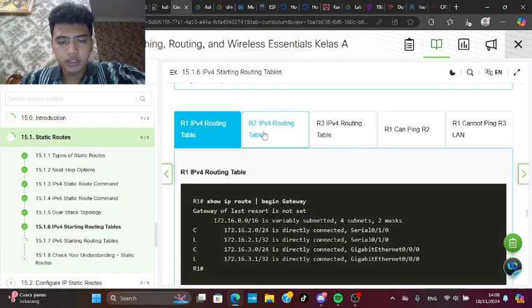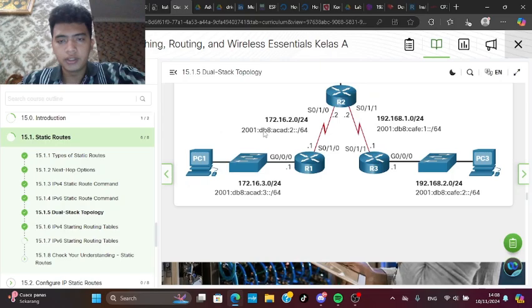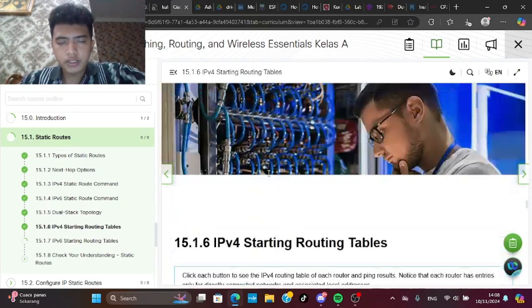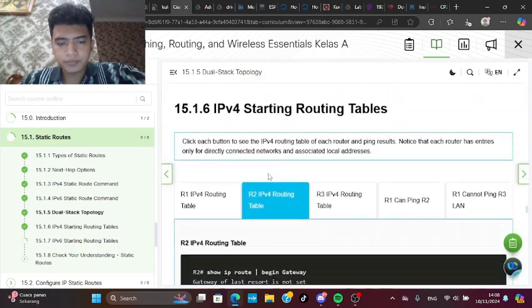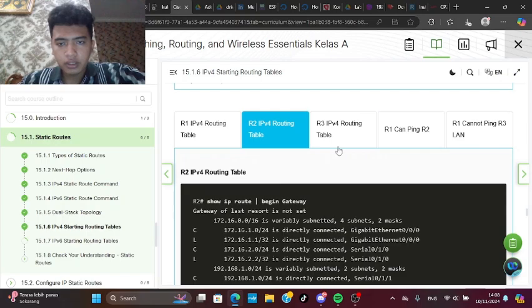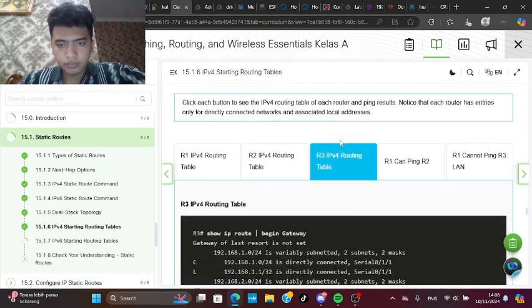Router 1 is directly connected to router 2, router 2 is directly connected to router 3, and router 3 is directly connected to router 2.